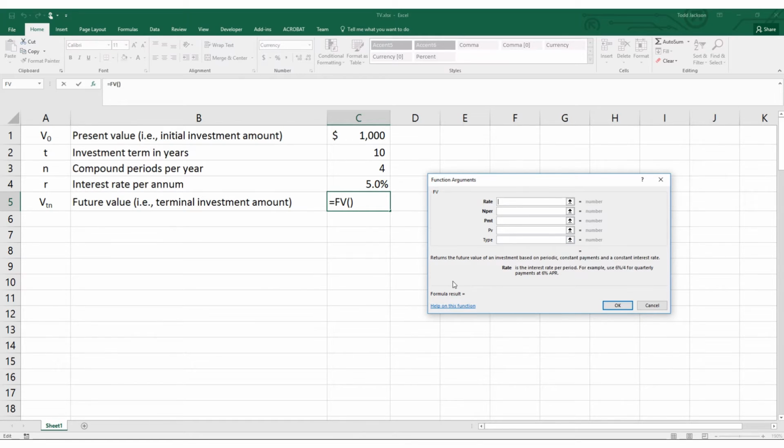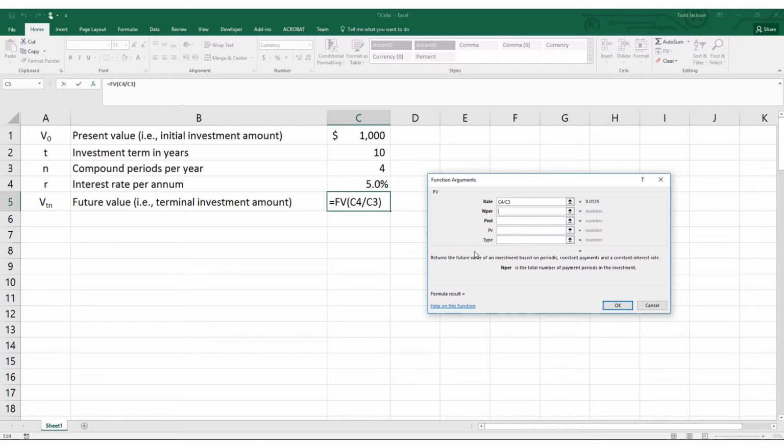And so the rate will be the rate per compound period. And so that will be, again, our quarterly interest rate, which is our annual interest rate divided by the number of compound periods per year. Essentially, I've put that rate in as a formula.